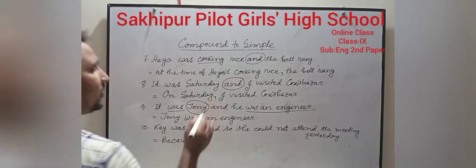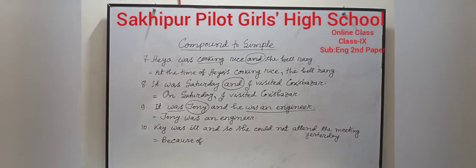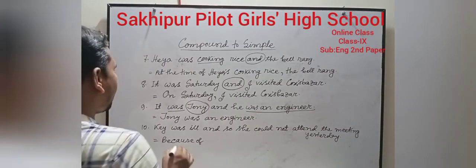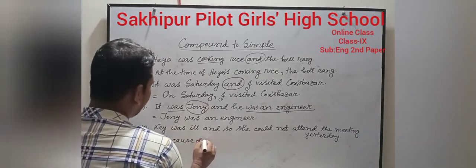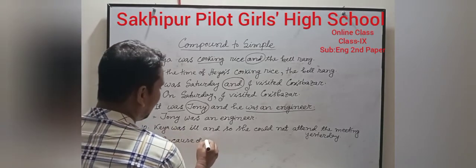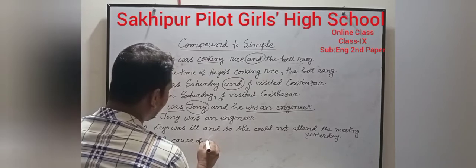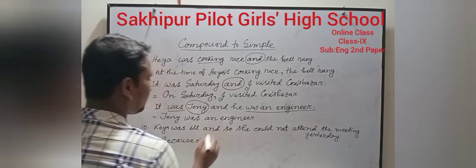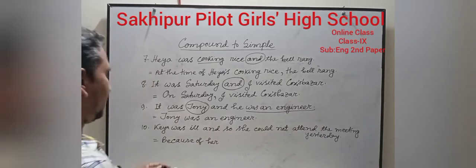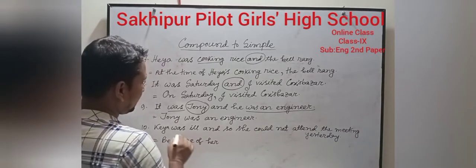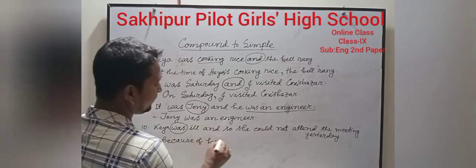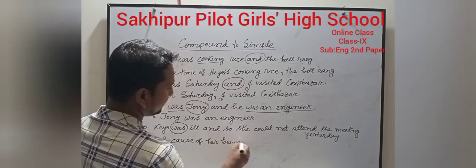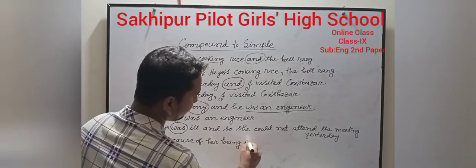Then you have to write the possessive form of the subject, because of her. Then you have to use the base form of the verb, being. Then you have to write adjective.